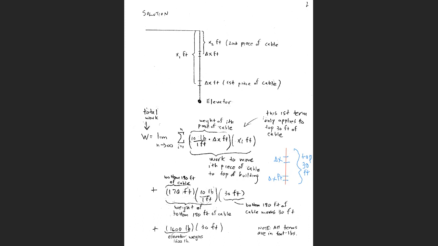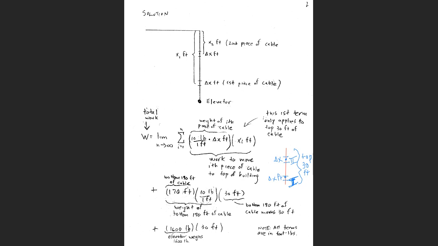I'm going to call this piece of cable cable piece 1, and I'm going to call this piece of cable, cable piece 2. Okay, so I have cable piece 1 and cable piece 2.